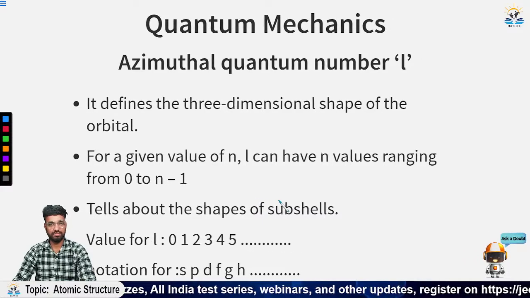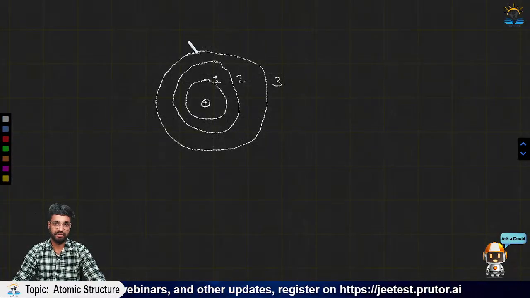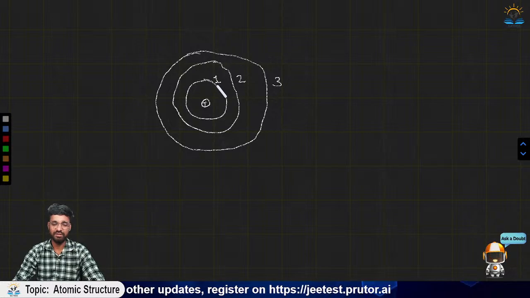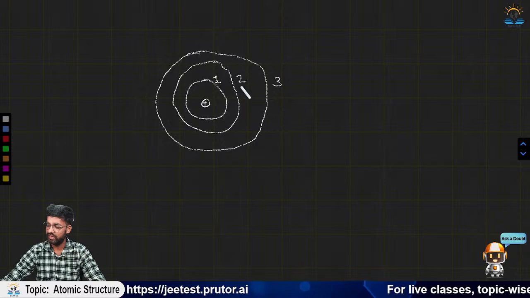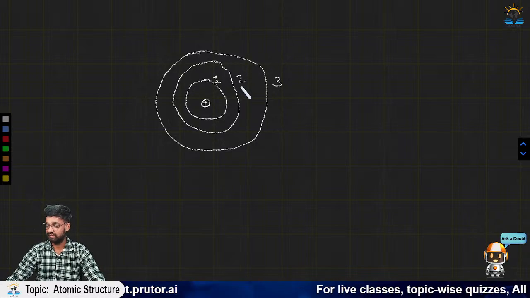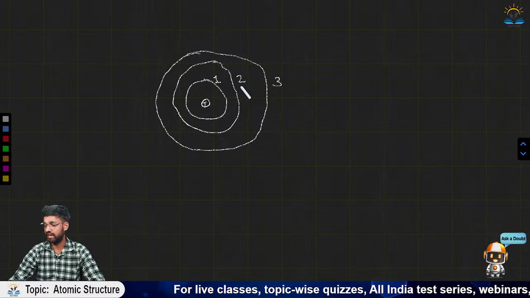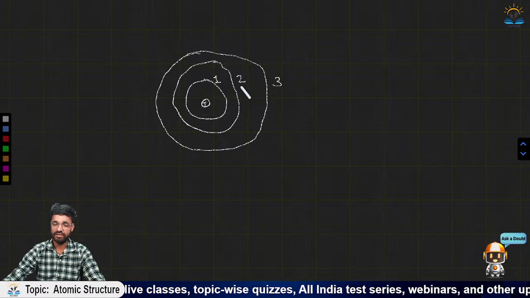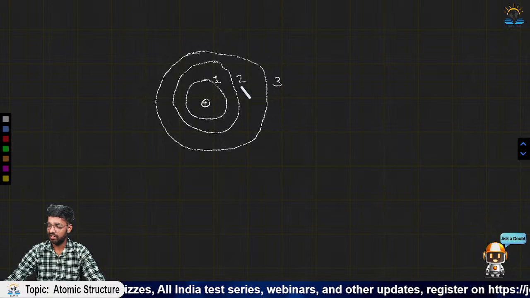If we move from n equals 1 to n equals 2, then n equals 3, we are increasing the energy. It is obvious. We have seen in Bohr's atomic model that as we move from the lower energy level to the higher energy level, the energy increases.